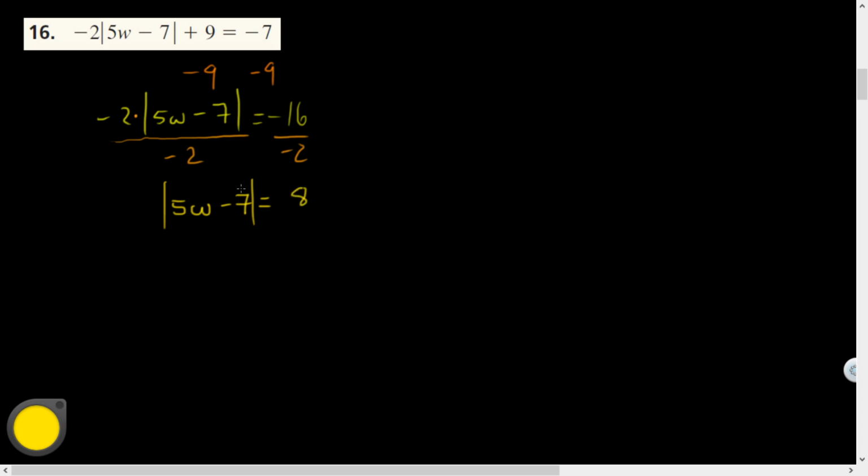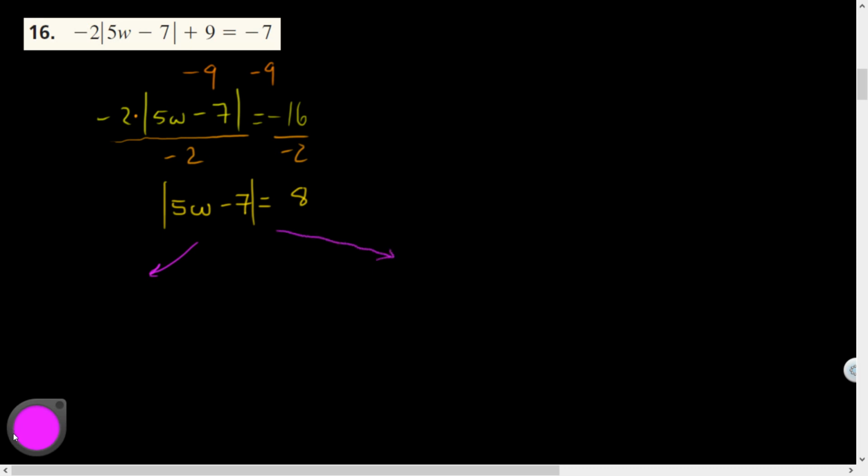All right, so now I've got absolute value equals a positive number, or at least a non-negative number, I guess, because it could be 0. So far this seems like it's going to work out just properly. Now that the absolute value is isolated, by itself on its own side of the equal sign, we break it up into the two possible cases.